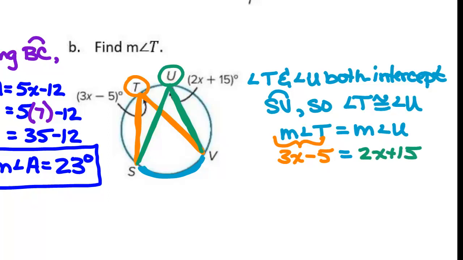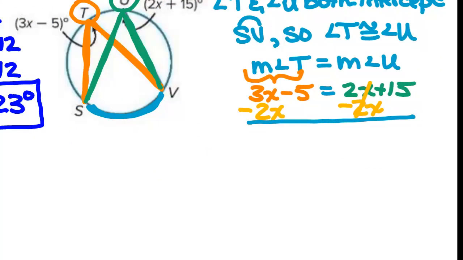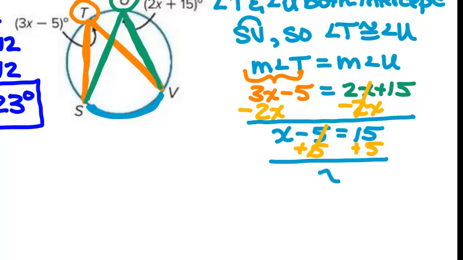We're going to solve this for x now, so I need to minus 2x from both sides to get my x's to the same side first. What is 3x minus 2x? 1x. So I have x minus 5 equals 15. Then I'm going to add 5 to both sides, meaning x is 20.